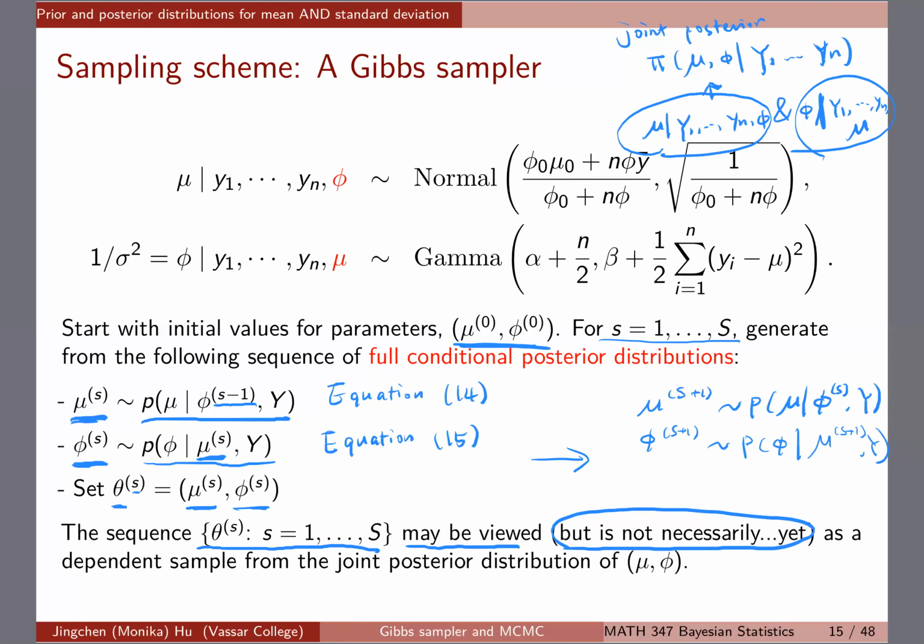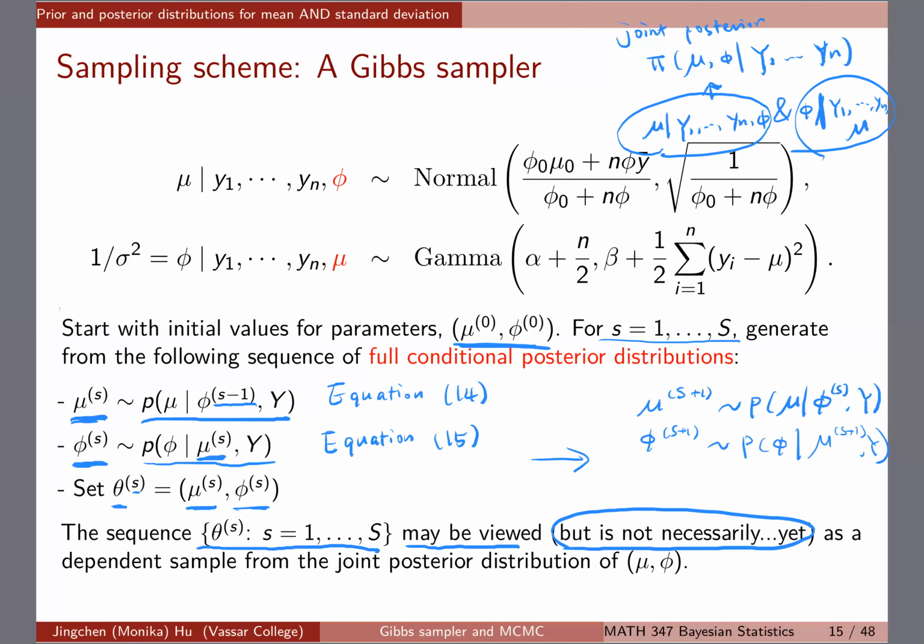That's the goal. This helps when you have a really big joint posterior distribution that is really hard to sample or even summarize. But we can break it into one parameter at a time from the full conditional posterior distributions. So that's why we want to work on this.